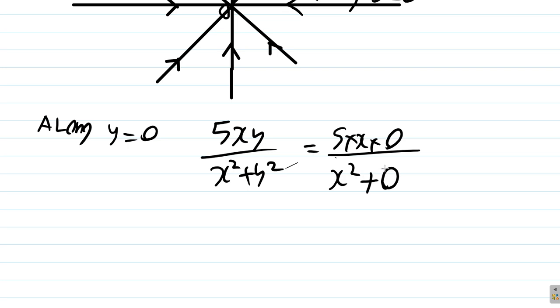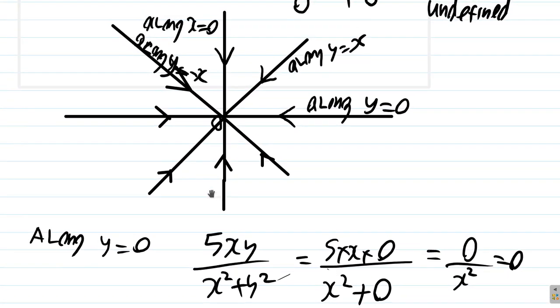See that? Now, in that case, we would have 5 times x is 5x times 0 is 0 divided by x squared. Going towards 0, 0 along y equals 0 gives us an answer 0.